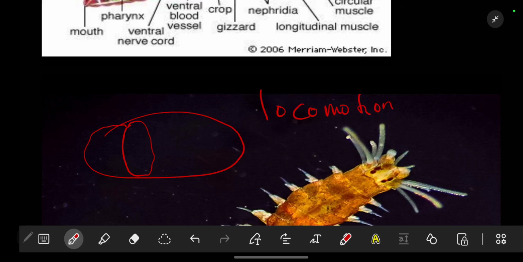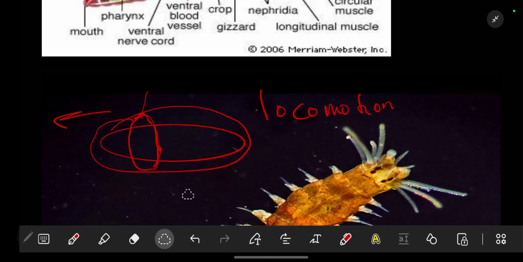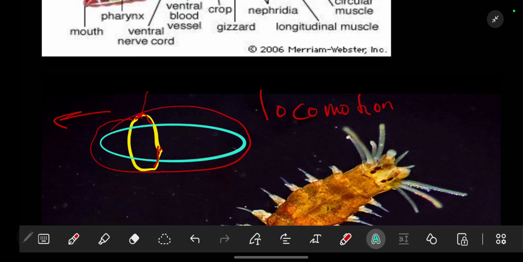They will be able to produce motion by the alternate, meaning to say opposite, contraction of the circular and longitudinal muscles. They will be able to interchange, thereby aiding it to move. So that is basically how they are able to produce movement.